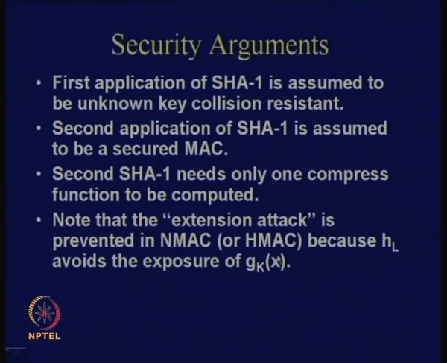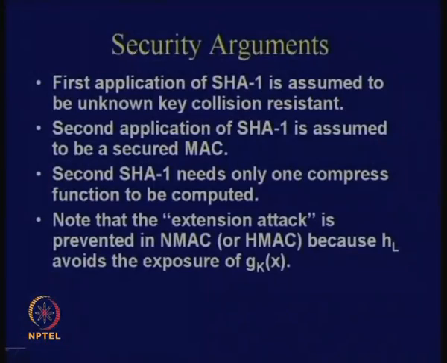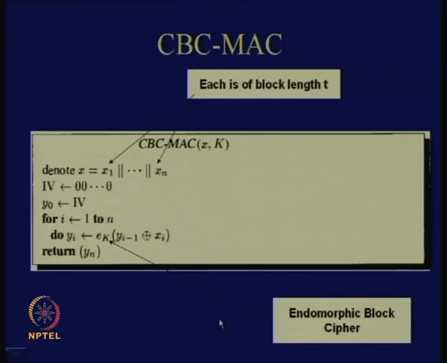The previous attack against iterated MACs, where we made the IV value secret, will not work in this case, because the outer application of the hash function avoids exposing the inner output to the attacker. The attacker no longer gets that value, so he cannot append and generate a corresponding message. This is how it is inhibited.